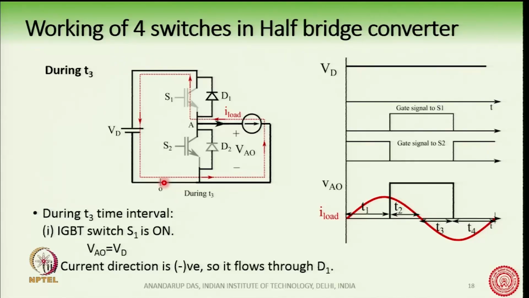So, we get a positive voltage. So, VAO here is a positive voltage, the diode D1 is conducting and the current is negative here.